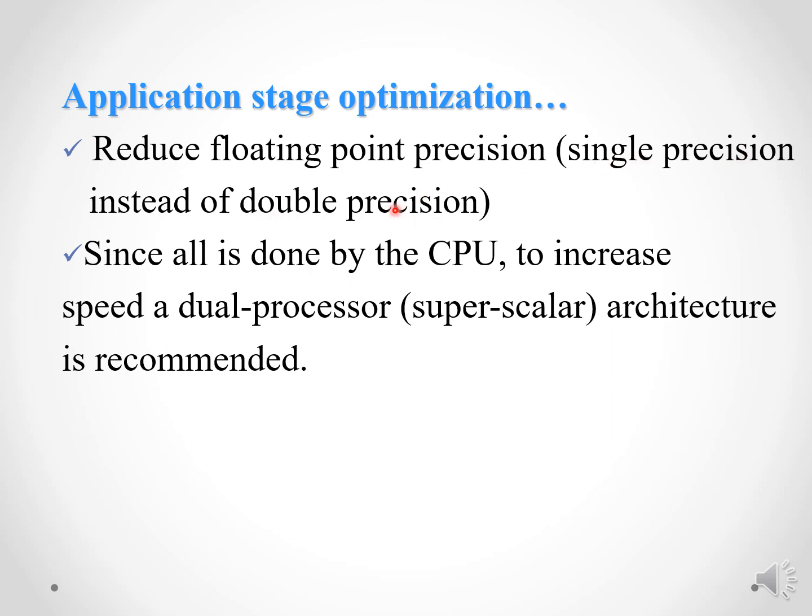Single precision is floating point arithmetic dealing with 32-bit floating point numbers, while double precision deals with 64-bit. This one is 32, this one is 64.